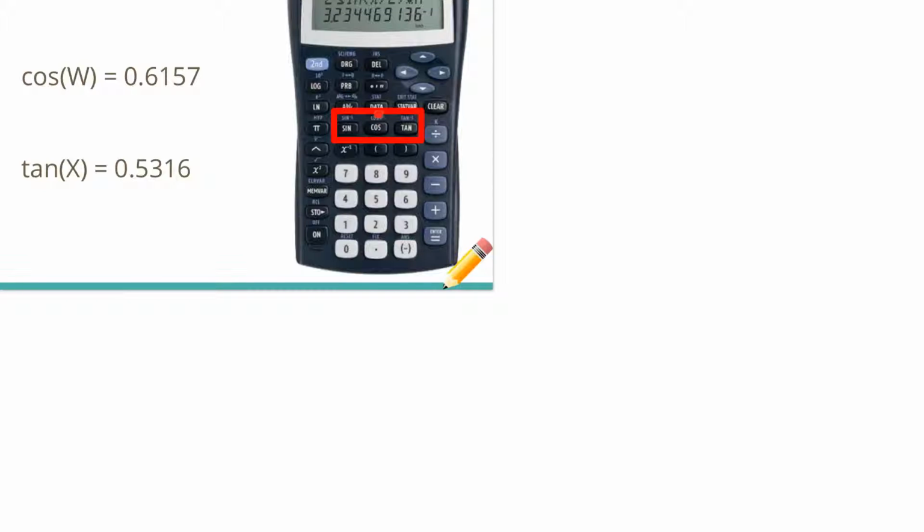You have cosine, and then inverse cosine, tangent, and inverse tangent. The way to get that is to click on second, and then click on sine, cosine, or tangent. That's how you're going to get it.